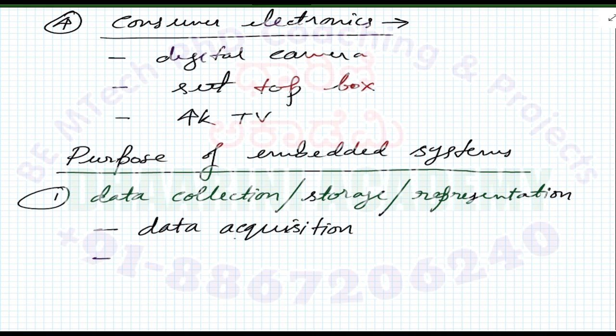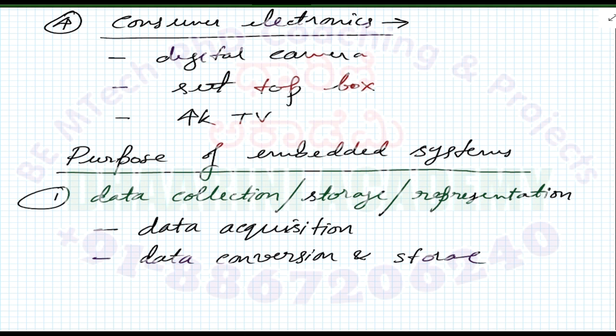Now when it comes to storage, you may need to convert the data before you store. So I just write data conversion and storage. This is the second thing coming under this category.